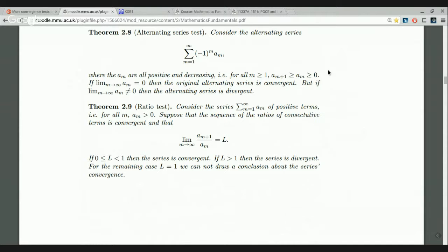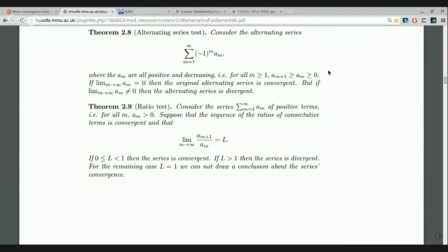And if the step size isn't converging to zero, if the absolute value of the terms isn't converging to zero, then the series won't be convergent, because the partial sums won't be converging as a sequence. Okay? Partial sums will still be changing by large amounts, or changing by amounts that aren't converging to zero. Okay?